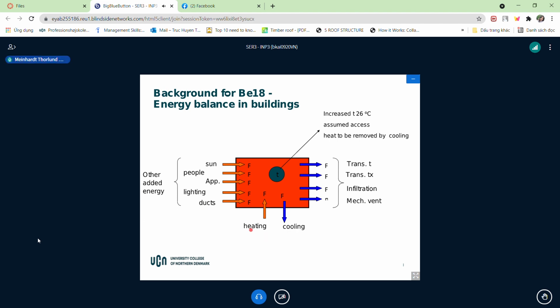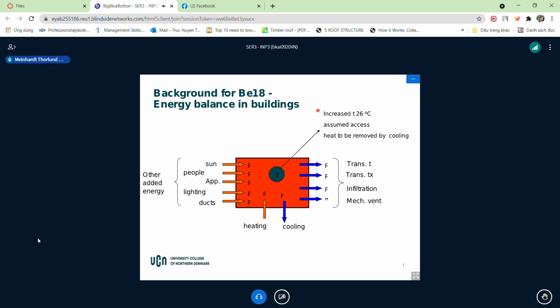How much is getting in by the heating, how much is getting out by cooling, by mechanical ventilation, infiltration, and heat transmission loss, like heat loss. So basically, this is what the calculation does.